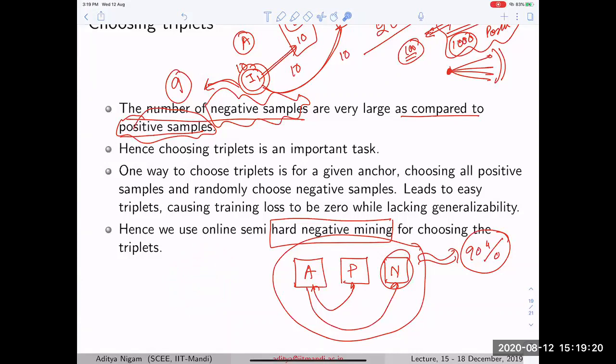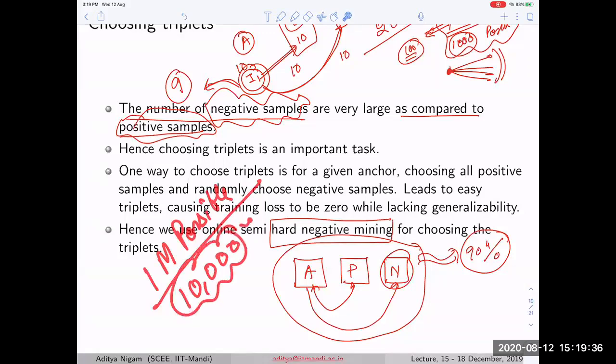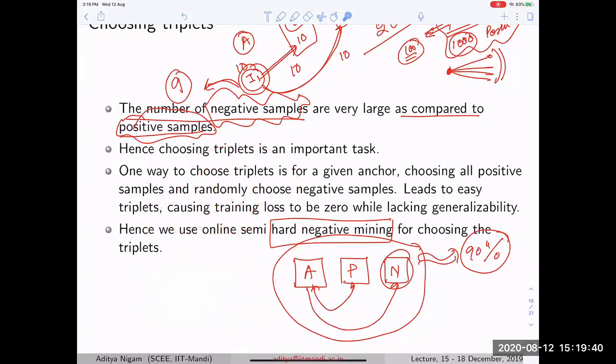But the point is that there are very few samples which are going to create problems. So there are going to be, say, 1 million possible triplets. Out of that, maybe 10,000 triplets are difficult and hard. Two cat images are very similar most of the time.